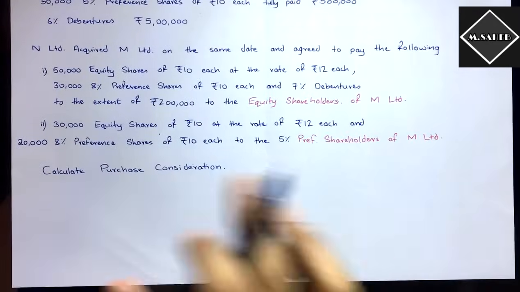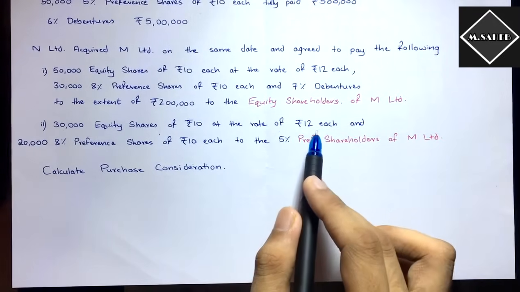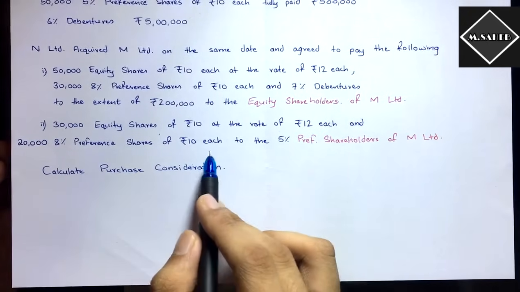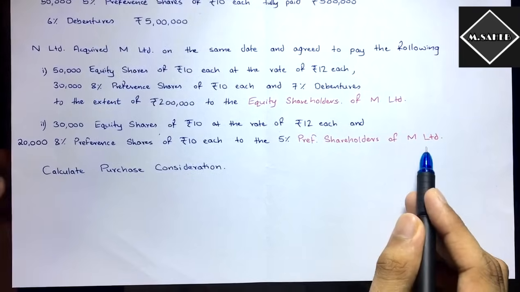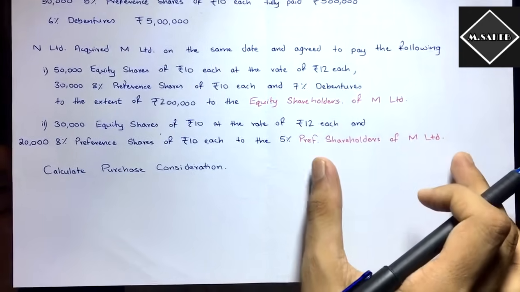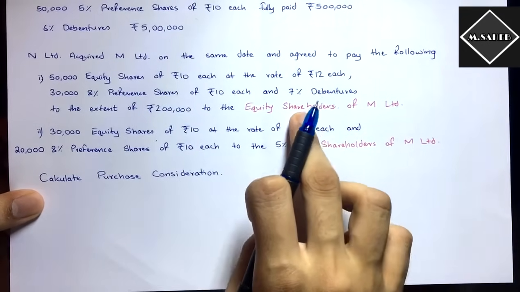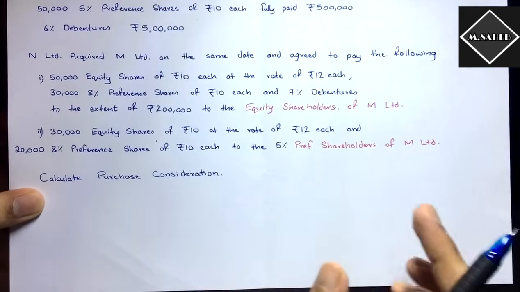Fine. And then see the second: 30,000 equity shares of rupees 10 at the rate of rupees 12 each, and 20,000 8% preference shares of rupees 10 each to the 5% preference shareholders of M Limited. In the first para they talked about what is given to equity shareholders. In the second para they are talking about what is given to preference shareholders.